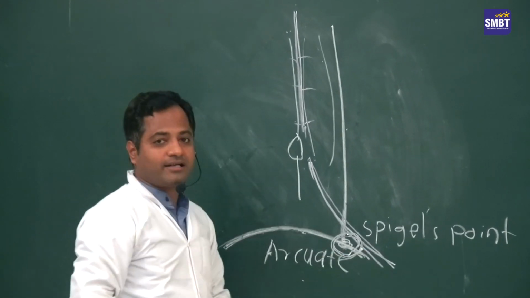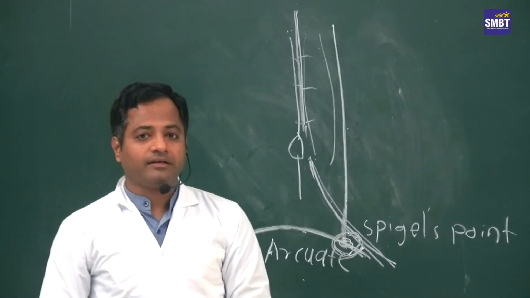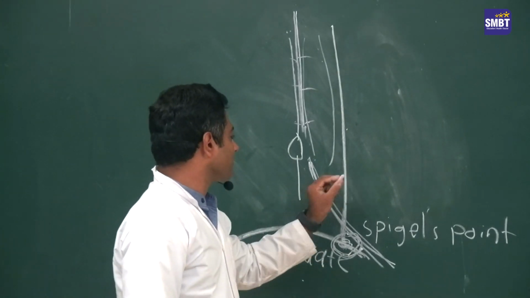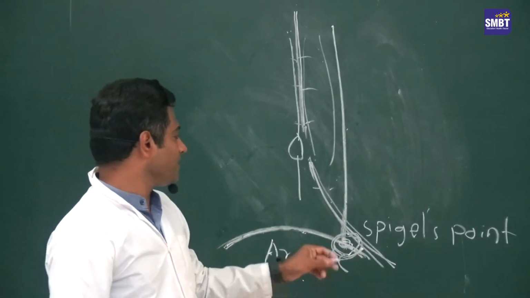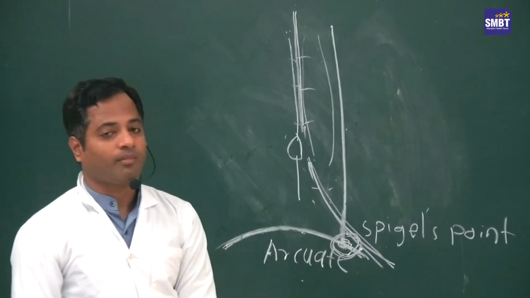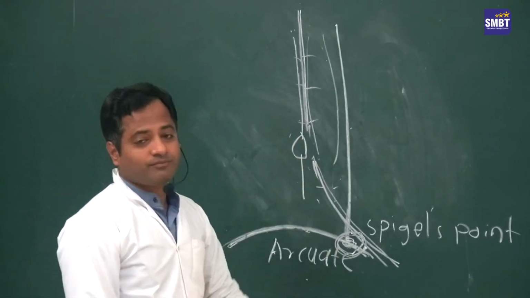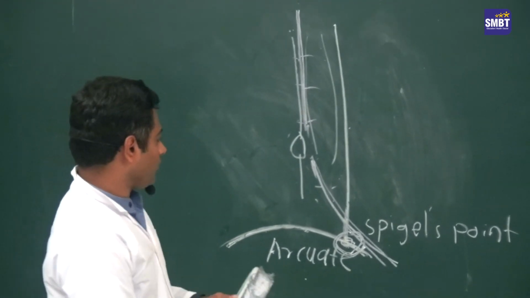The inferior epigastric artery is a branch of the external iliac artery, which also gives perforators to the rectus abdominis muscle, anterior rectus sheath and umbilicus. Okay, so this is the surgical anatomy of the anterior abdominal wall.